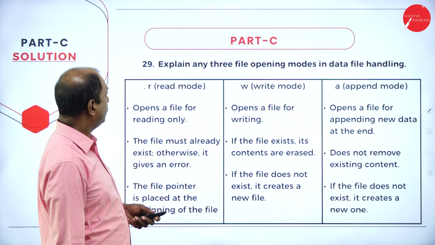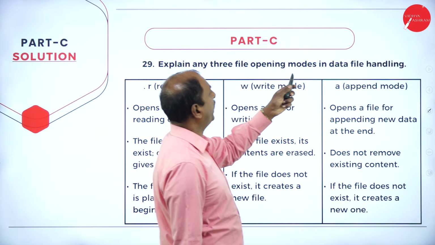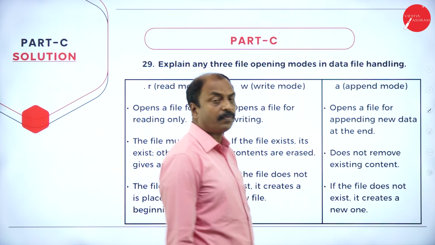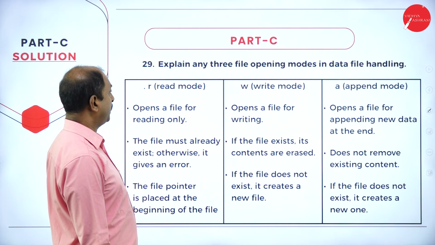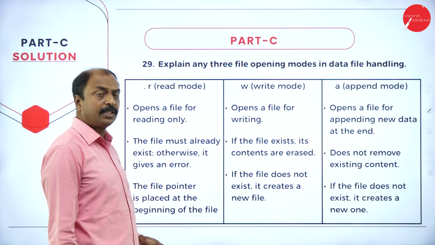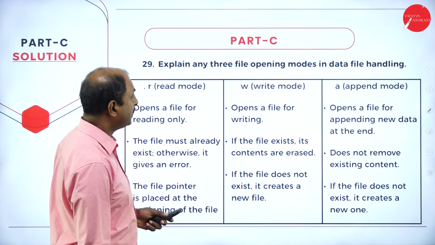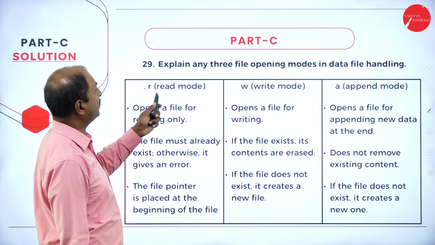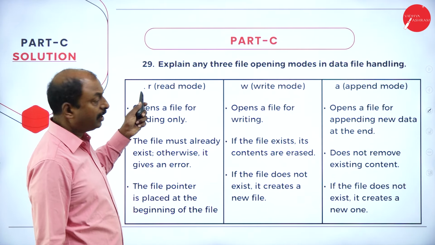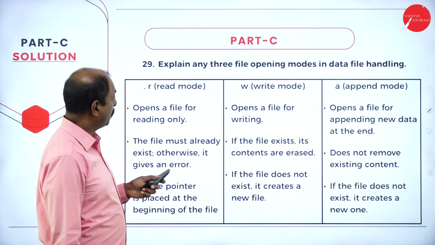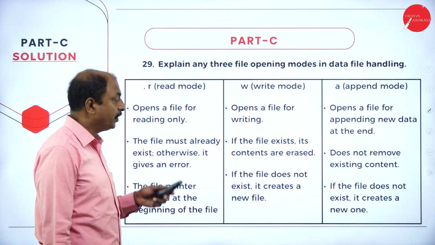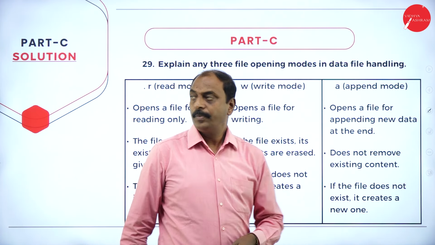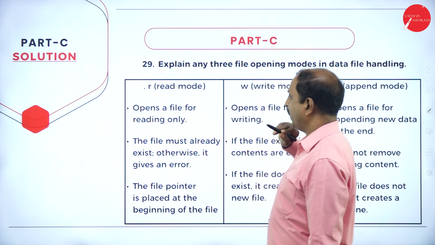Next, 29th, explain any 3 file opening modes in data file handling. So the chapter is data file handling. In this, we have to write any 3 of the modes as an answer. The first one is read mode. I am talking about r. r is the read mode. It opens a file for reading only.